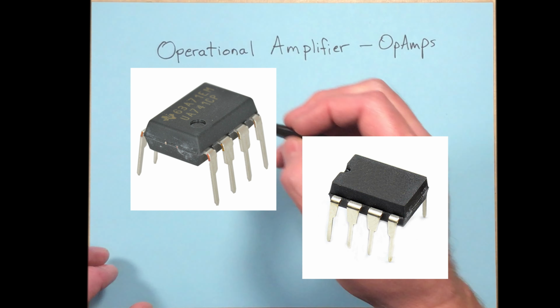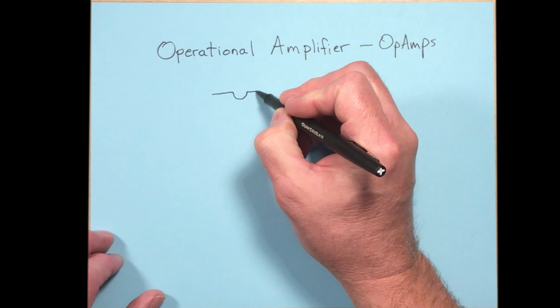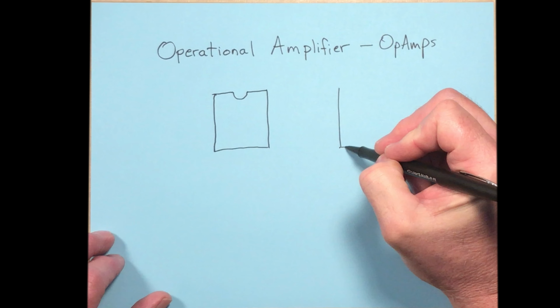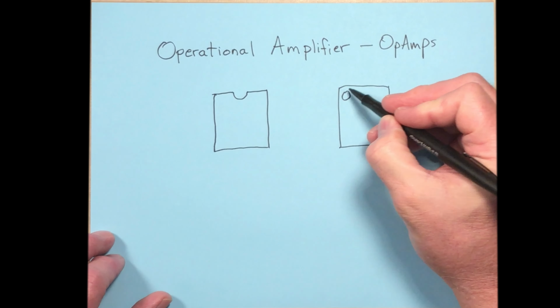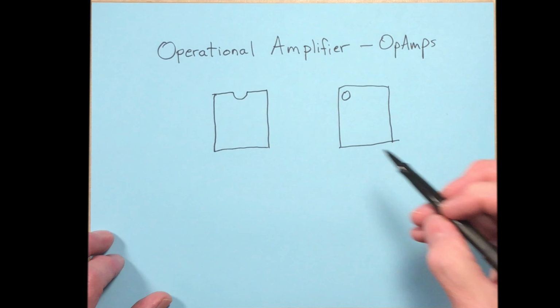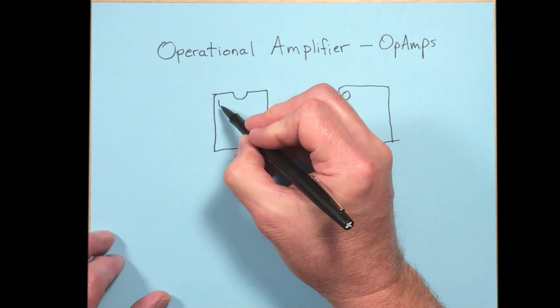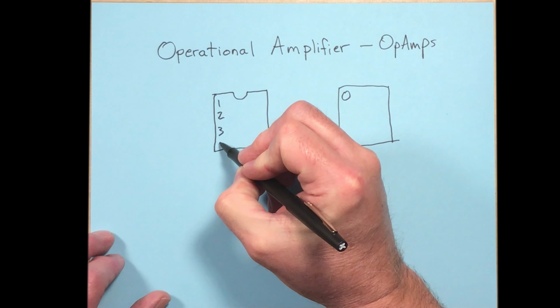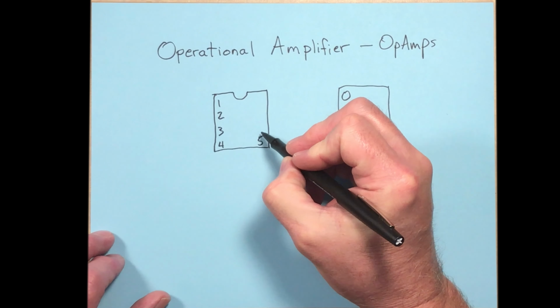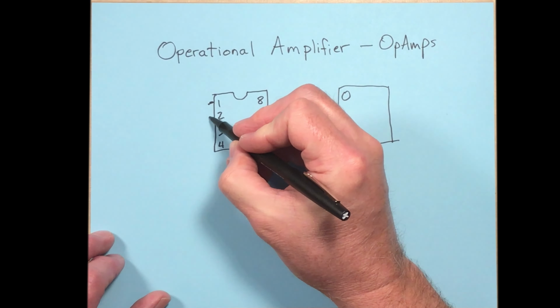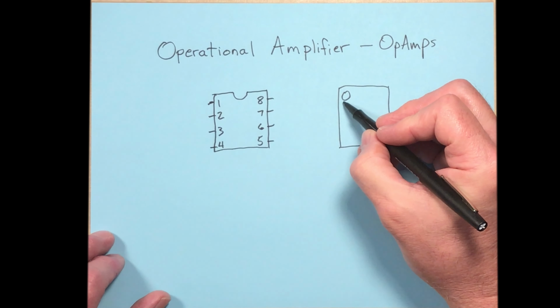So if the chip looks like this, then you turn the little divot towards the top. Or if it looks like this, you put the little circle over there. Now, if you orient the chip that way, then the pins are numbered like this. 1, 2, 3, 4, 5, 6, 7, and 8. And the pins are on the sides here. And the same here.